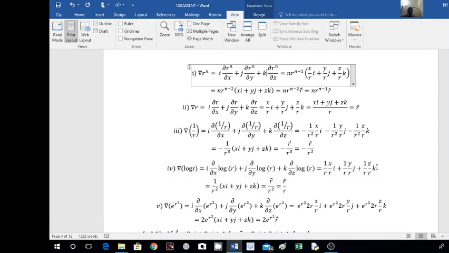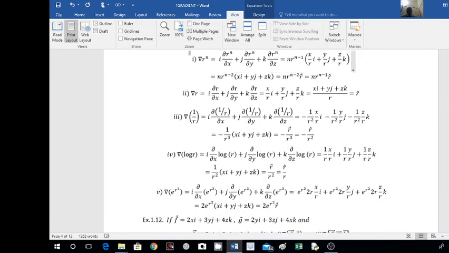Plus k into the derivative of log r, 1 by r into the derivative with respect to z, which is z by r. So here in the denominator r square is there. I will take 1 by r square as a common factor. What we get here is xi plus yj plus zk, so the numerator is nothing but the vector r, and in the denominator we have r square. Again, I will keep one r below the vector r and one r separate here. That becomes 1 by r into vector r by its magnitude, which is nothing but the unit vector, that is r cap.